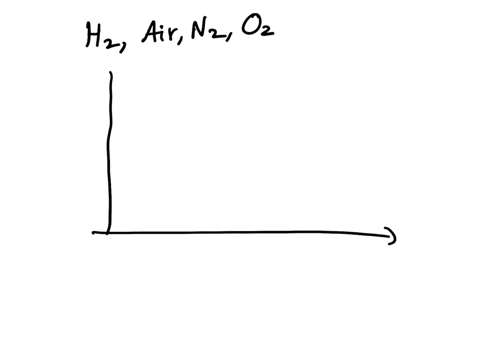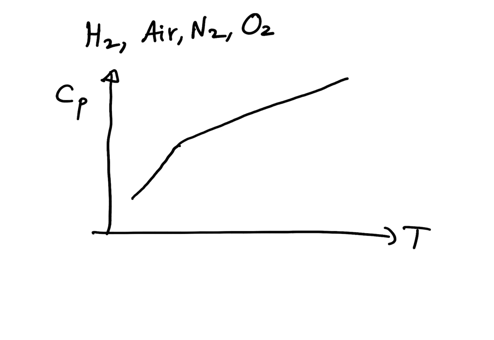If you look at another class of molecules, like for example hydrogen, air, nitrogen, and oxygen, their trend looks something like this. Here is temperature, here is Cp, and initially it moves like this, and then there is a steep increase at higher temperatures.